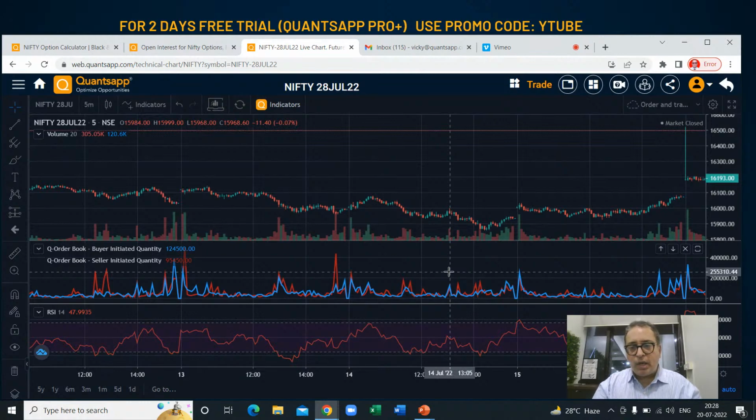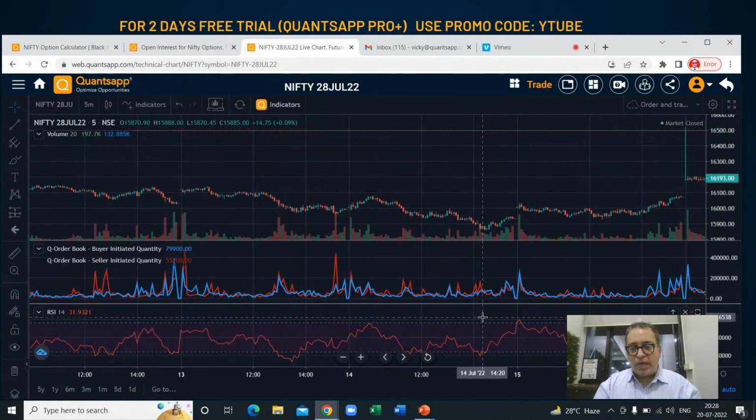Later on you can couple it with RSI, and RSI showed a failure swing at about 1420, slightly later than that, and that failure swing confirmed at around 240 to 250.